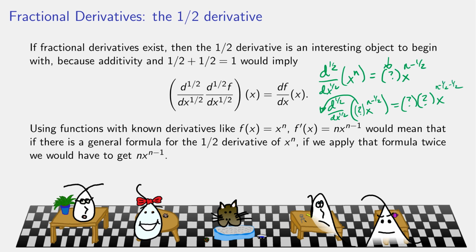Since we already reduced the power by 1/2 the first time we took a derivative, now that I do it again, I take down another half, and notice that now this power is just n minus 1. So I have some constant times x to the n minus 1, which is exactly what we wanted to get. The question is, what should those constants be so that their product is n?